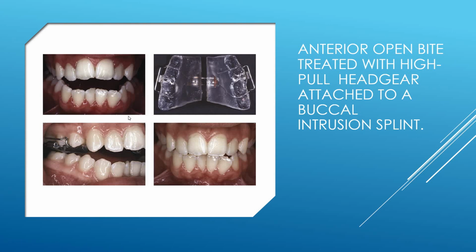Vertical control or intrusion of the buccal segments. This is difficult to achieve with orthodontic tooth movement. The aim is to reduce posterior dental heights, which will result in a forward rotation of the mandible and closing down of the anterior open bite.